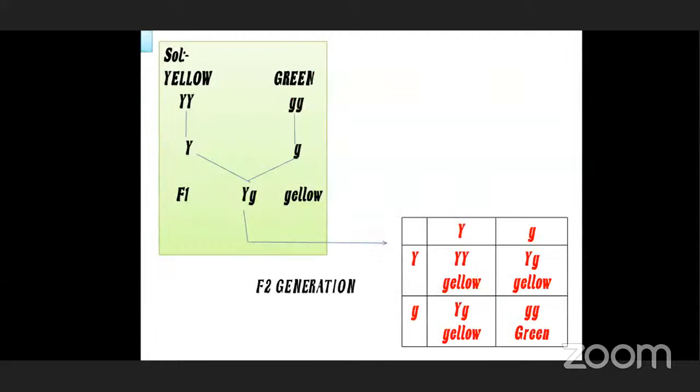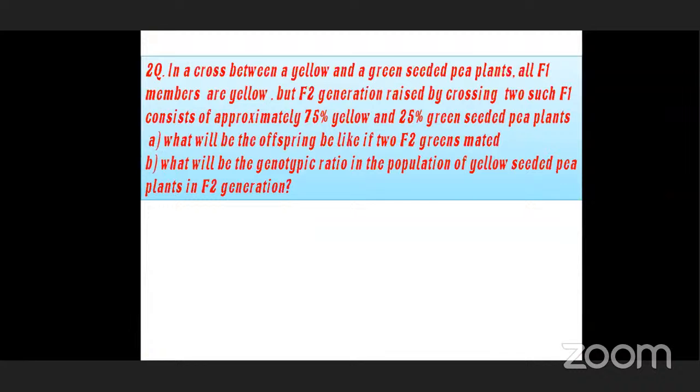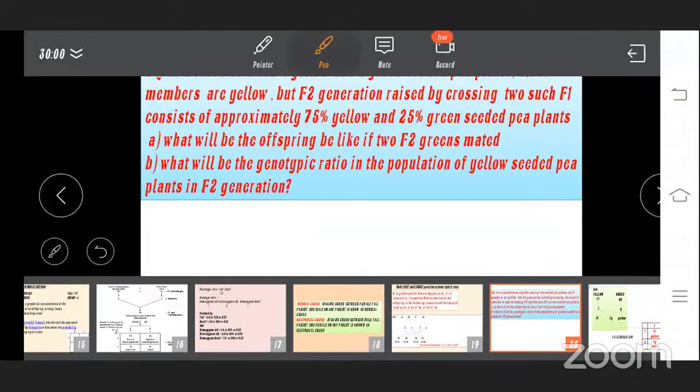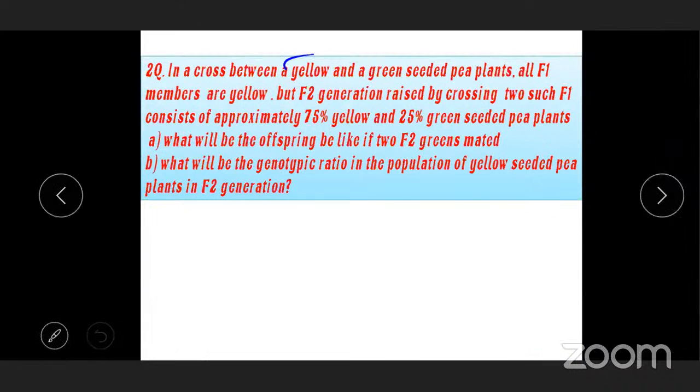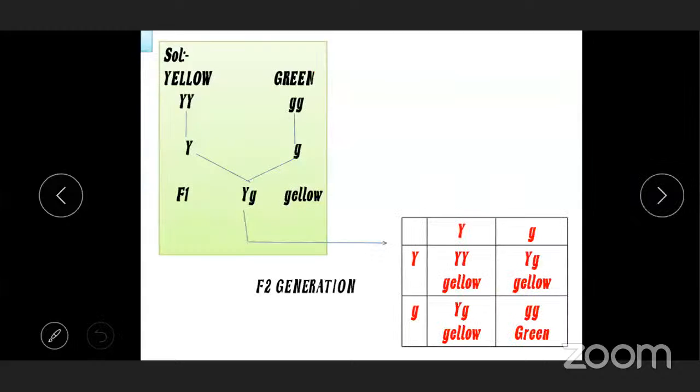First, we have to cross the yellow and green seeded pea plants. Using the symbols, yellow is indicated with capital Y and green with small y.